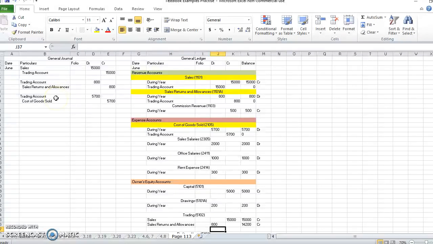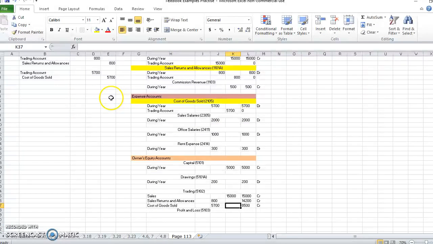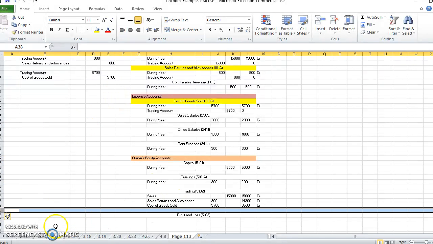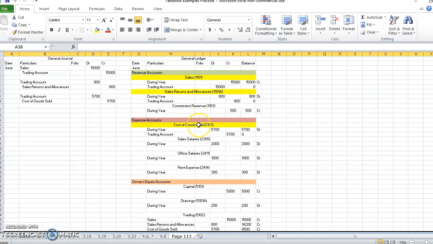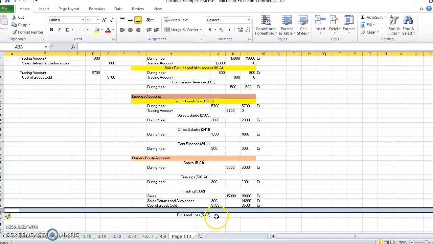And finally it was debited for 5,700, take out the previous balance which was credit, minus the debit, which will give us our final credit balance, and that was against, as you can see, our cost of goods sold account.